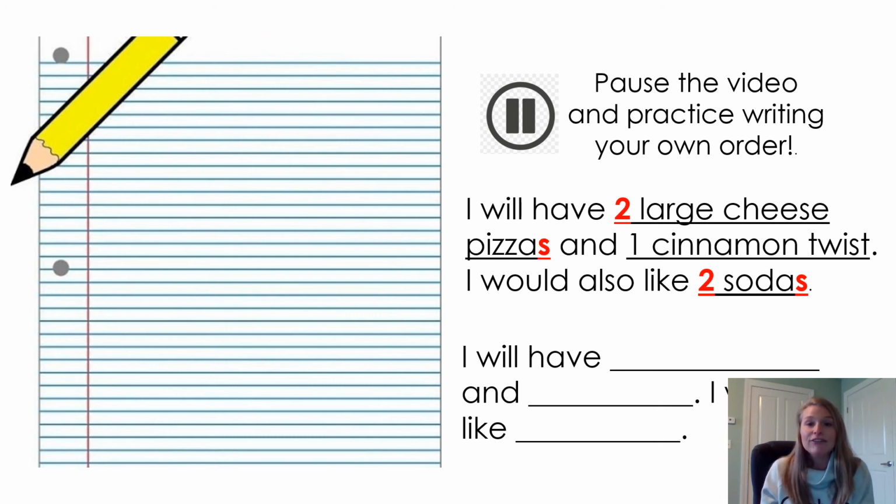I will have 2 large cheese pizzas and 1 cinnamon twist. I would also like 2 sodas. And right at the bottom, I have written those words for you to also copy. So go ahead and take out that pencil and take out the paper and try writing that order on your own.